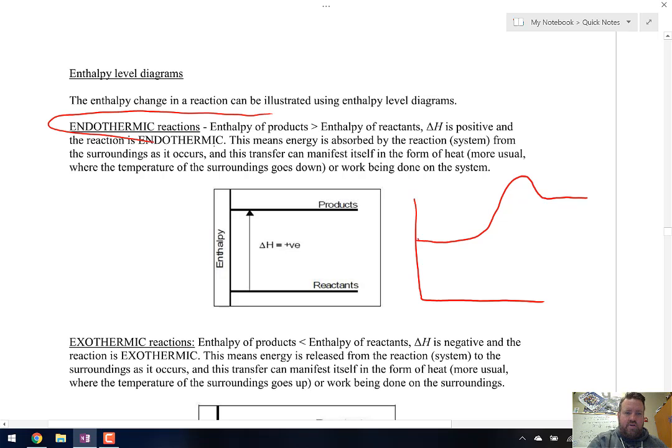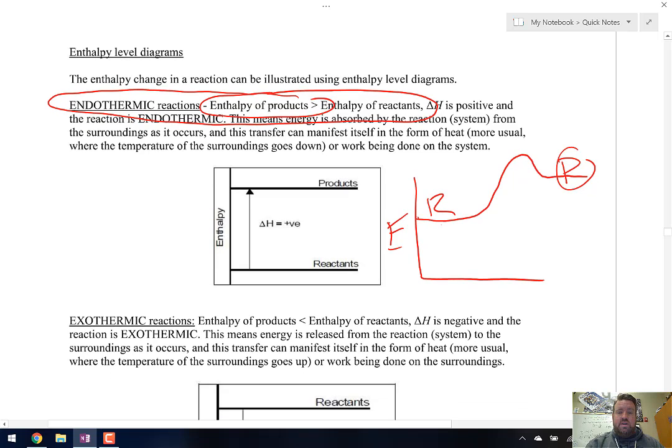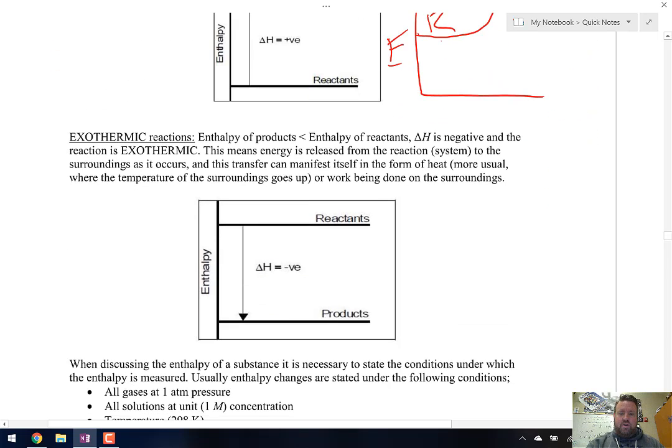For an endothermic reaction, here's the products, here's the reactants, here's the enthalpy over here. The enthalpy of the products here are greater. See how they're higher up on the table? The enthalpy of the products is greater than the enthalpy of the reactants. And then obviously the delta H is positive. Energy is absorbed. Again, nothing that you don't already know.